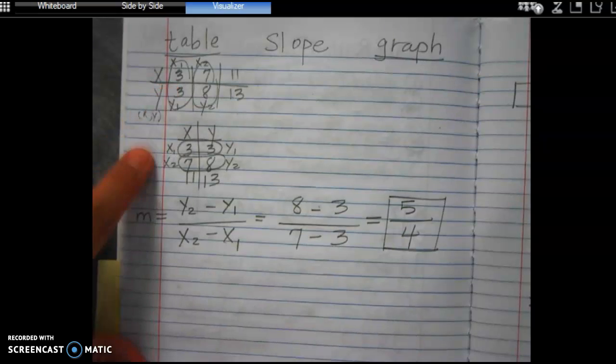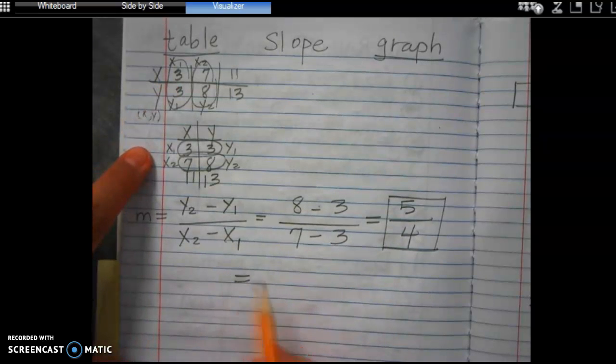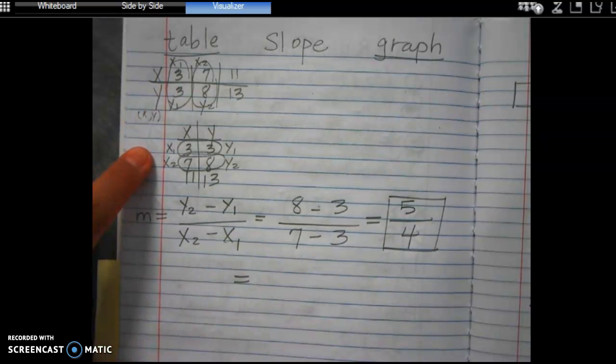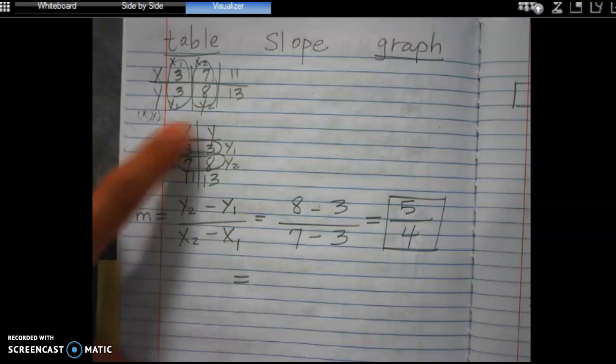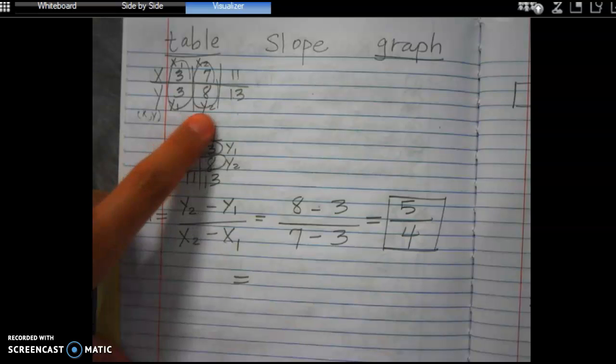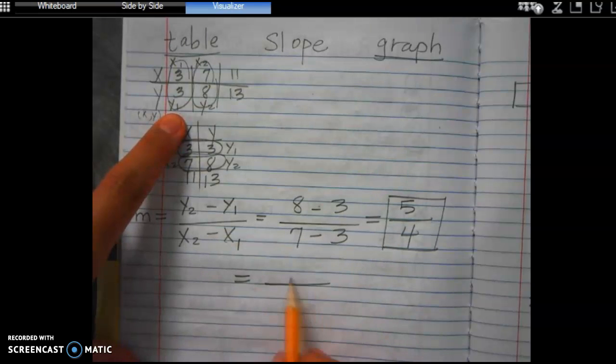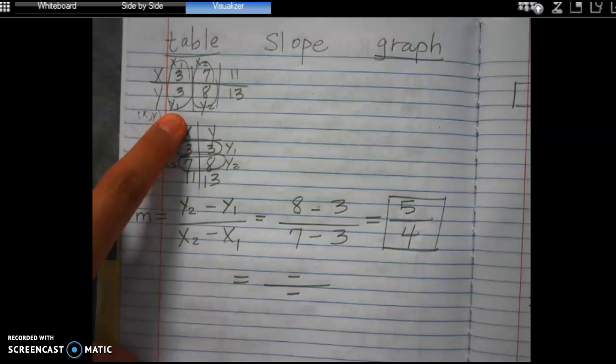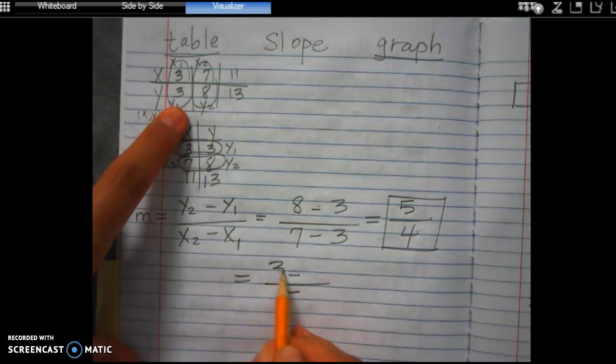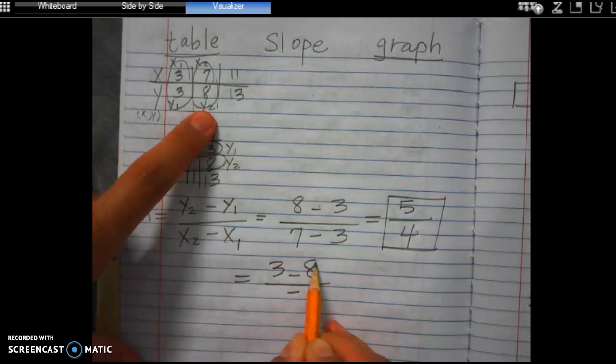So this is my slope. Okay, what I want you to also notice or to realize is that it does not matter which y you start with. Okay, let's say we forgot to label the 1s and 2s, right? y1, y2, and we just called this 3. We started with 3 on accident, right? So still the same slope formula, right? Except this time I'm starting with 3 instead of 8. So I'm going to say 3 minus 8, okay?